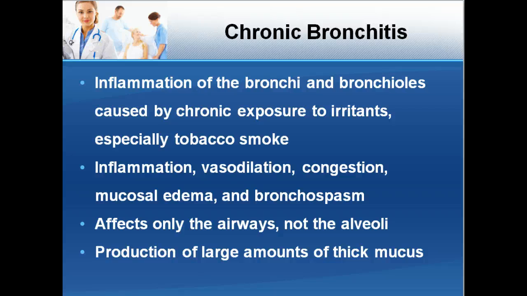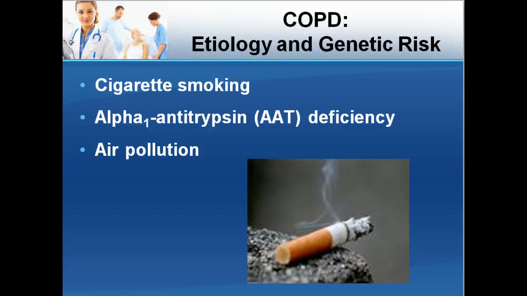Okay, so the etiology and genetic risk is basically these three things: cigarette smoking, alpha-1 antitrypsin deficiency, and air pollution of some sort. Now that's chronic bronchitis, you guys, which falls under the category of COPD. Where you see etiology and genetic risk under cigarette smoking, that's a causative factor, right?